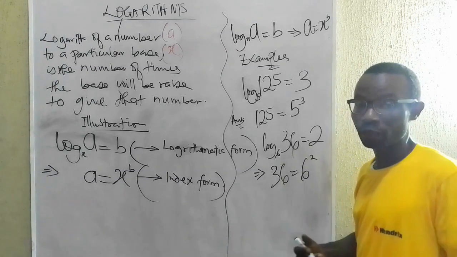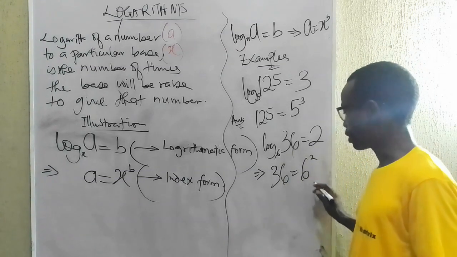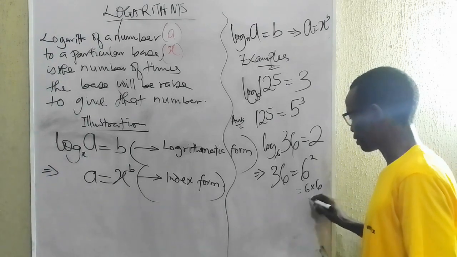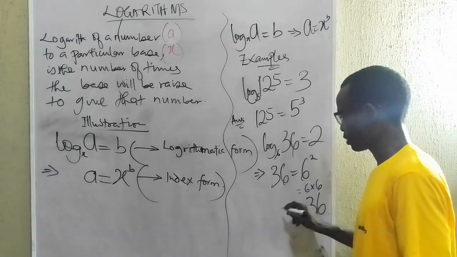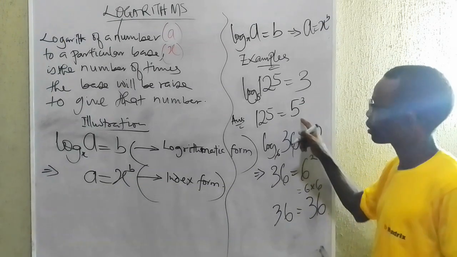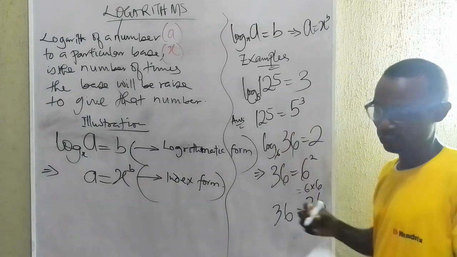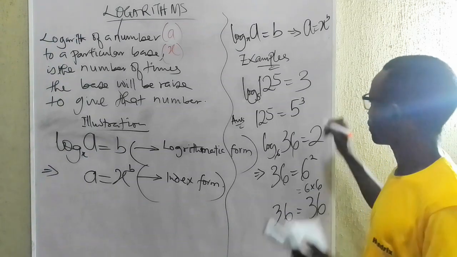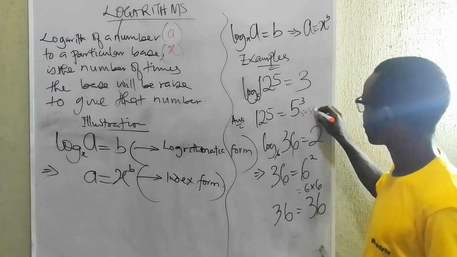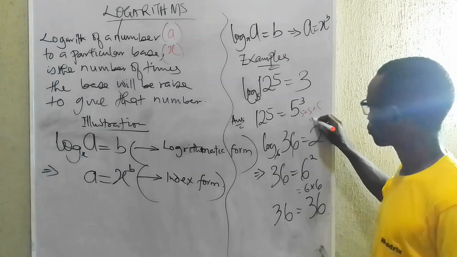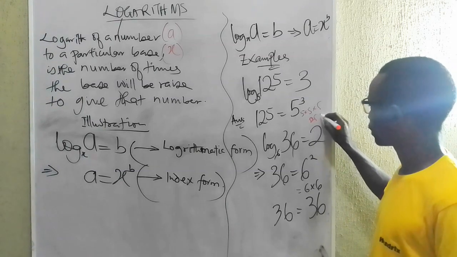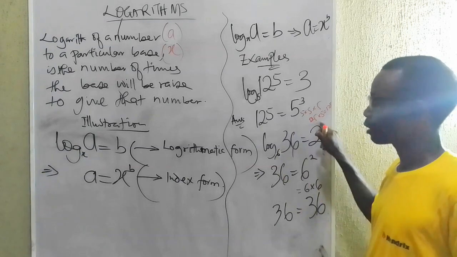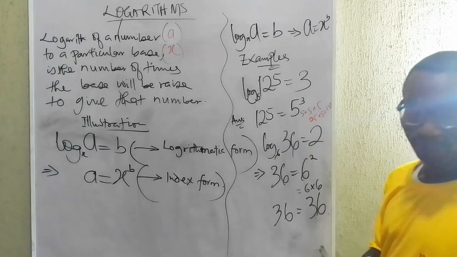If you solve this mathematically, 6 raised to the power of 2 means 6 times 6, which is 36. Even 5 raised to the power of 3 is 125. Let's solve it: 5 times 5 is 25, and 25 times 5 is equal to 125. That means math rules are always correct.